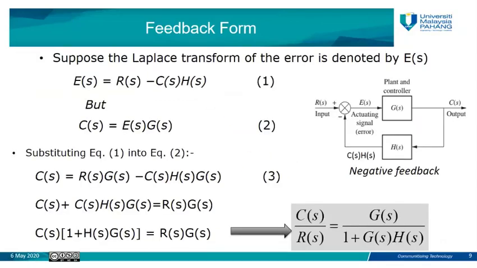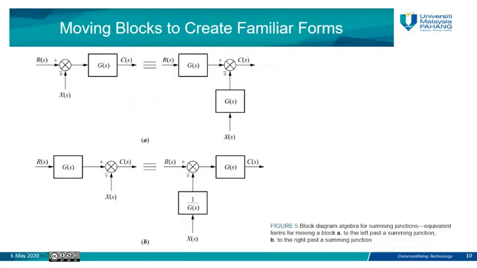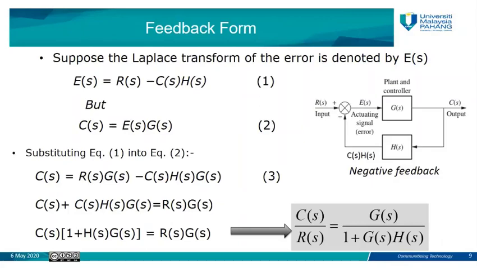You can see here the negative feedback control system block diagram is represented with the transfer function and the feedback function. Also we have the summing junction, the output, and the input signal.